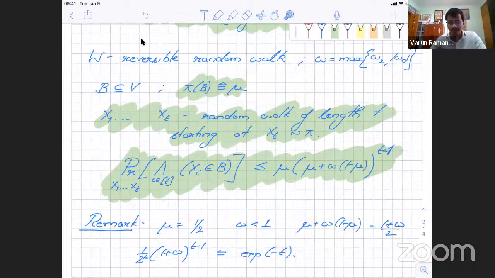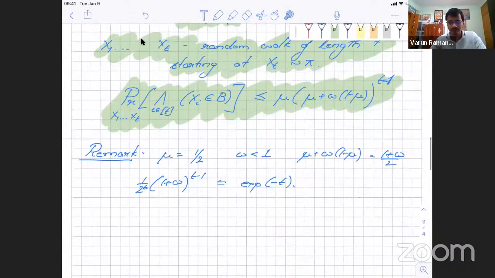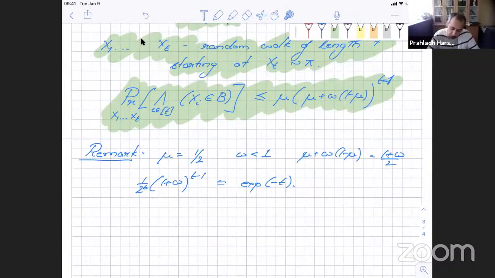Okay. So in particular, error is still going down exponentially in t, but let's look at the number of random coins being expended. Let's write it just for the case of n, d, 1 minus omega expander.